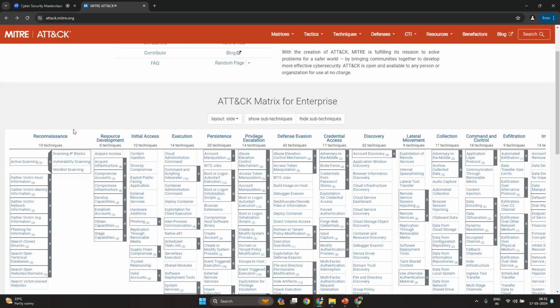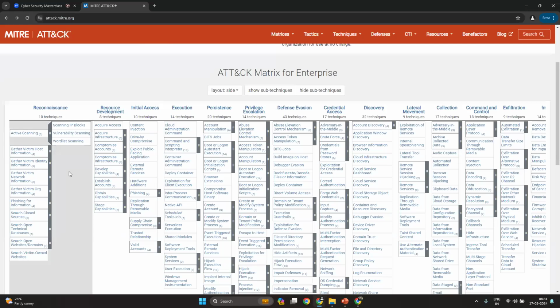It is mainly used by security teams, but it is used by threat actors as well, to understand how to go across an infrastructure.